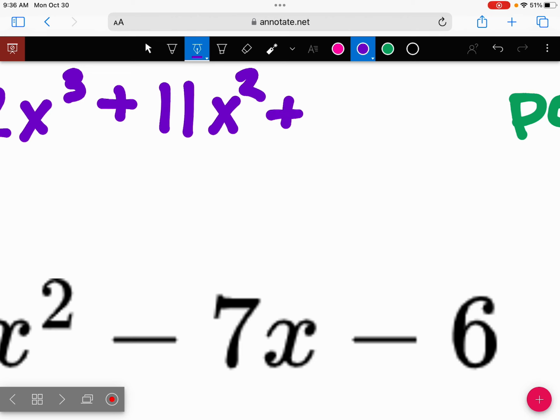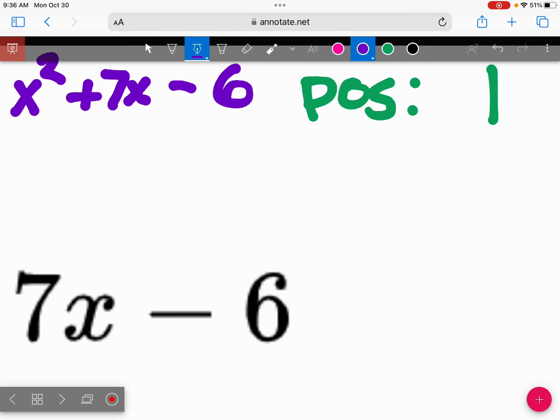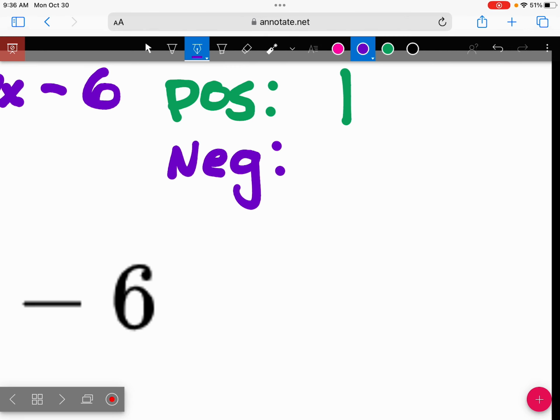It is going to change the sign on my 7x, but it is not going to change the sign on my 6. So how many possible negative roots are we going to have? 2 or 0. So we know we're going to have a positive root, and we could have 2 negative roots, or we could have 2 complex roots.